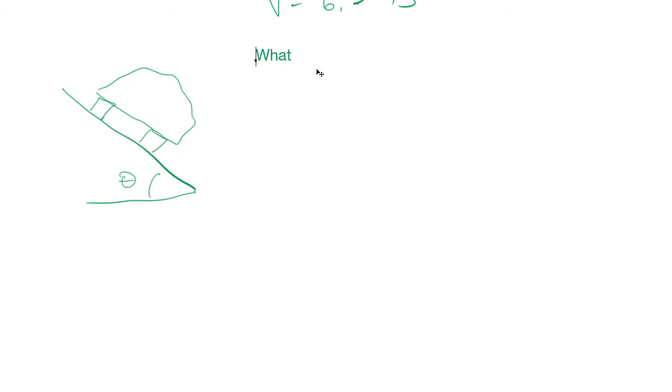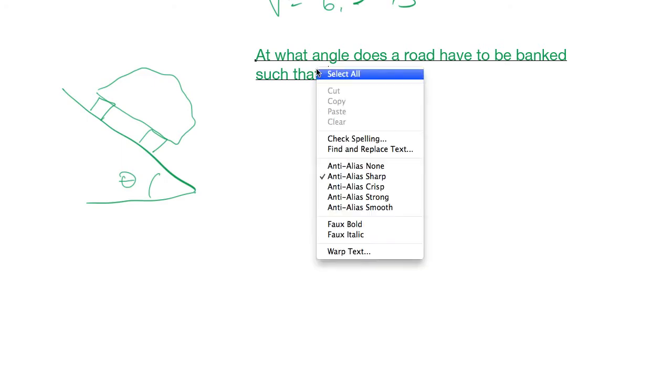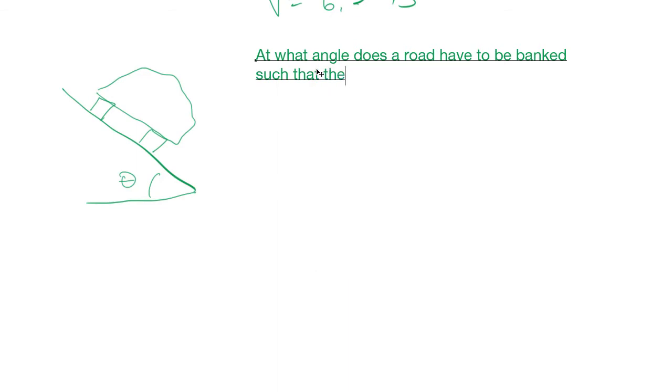at what angle does a road have to be banked so that the car, which has a mass equal to 1,000 kilograms and a coefficient of static friction of 0.8 again, doesn't need to turn the wheel.